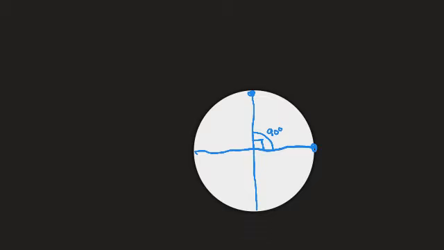So any point from this line, which would travel to the same spot on this line, would have rotated 90 degrees around the center. The point of rotation is here in the center, and so it would have rotated 90 degrees.